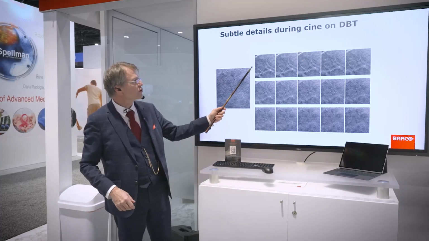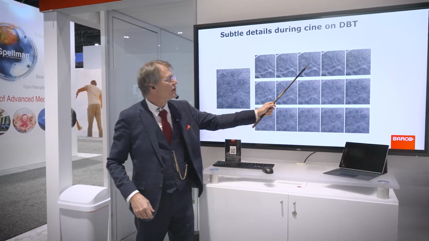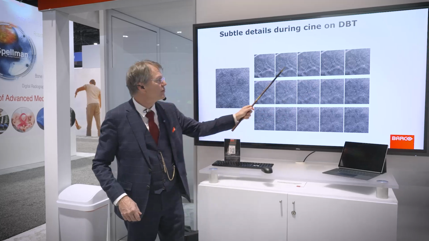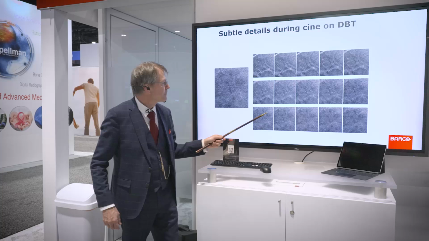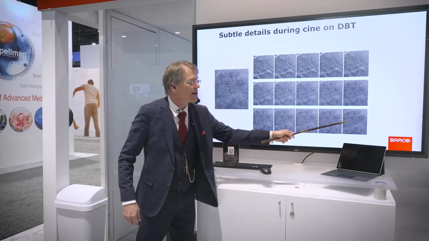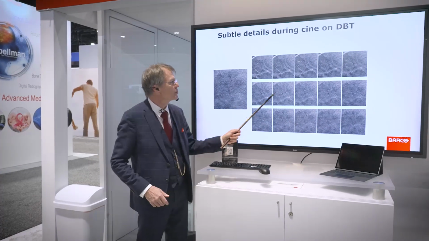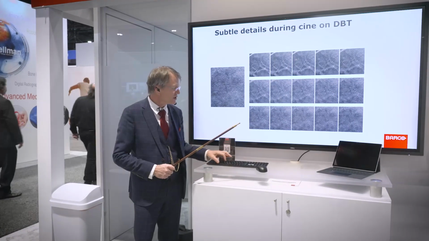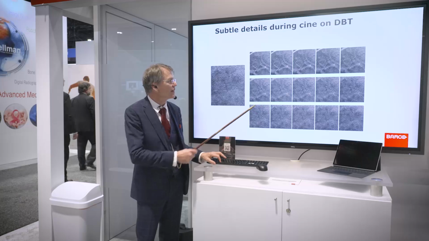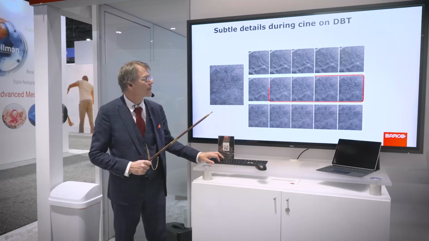When we're scrolling through the stack, the calcifications don't appear in most of these frames, and then for a few frames they appear. And then, of course, as the stack goes on, they're gone. So someone has to pick them up during this period, and they want them to be as clear as possible so that they stand out.